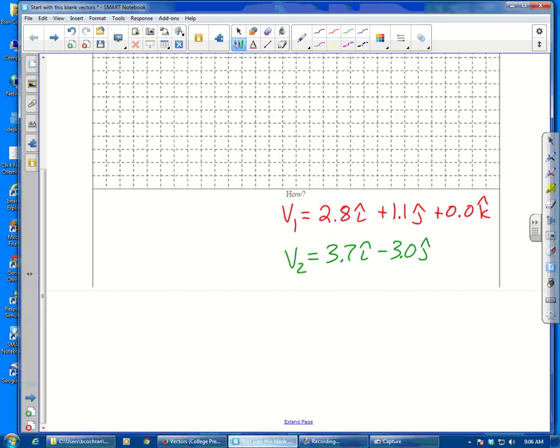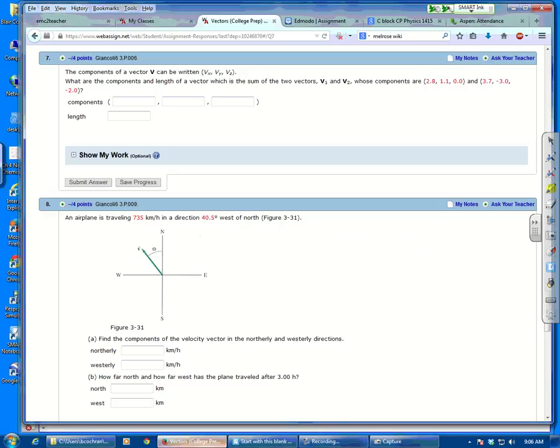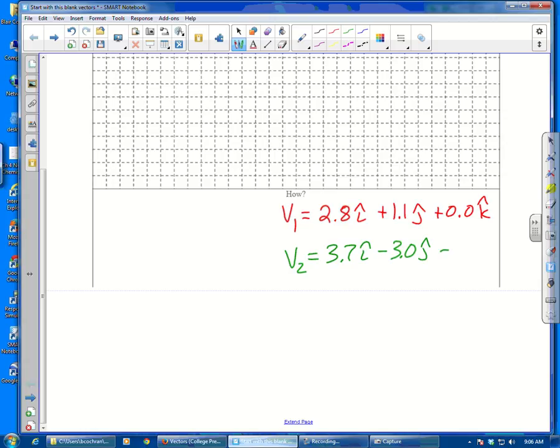I could have also written plus -3, right? Or write it as just -3, either way, whatever makes more sense to you. And then minus 2.0k. And so those are the 2 vectors.